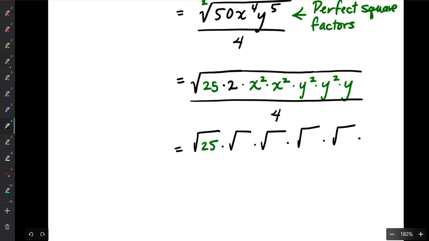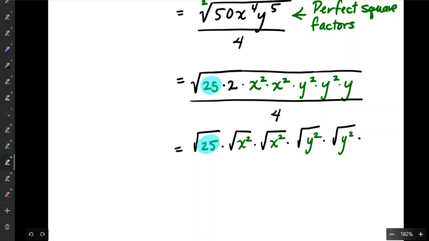And then we have some stuff underneath that radical. What's left over underneath the square root that wasn't a perfect square? The 2 and the y. All over 4.